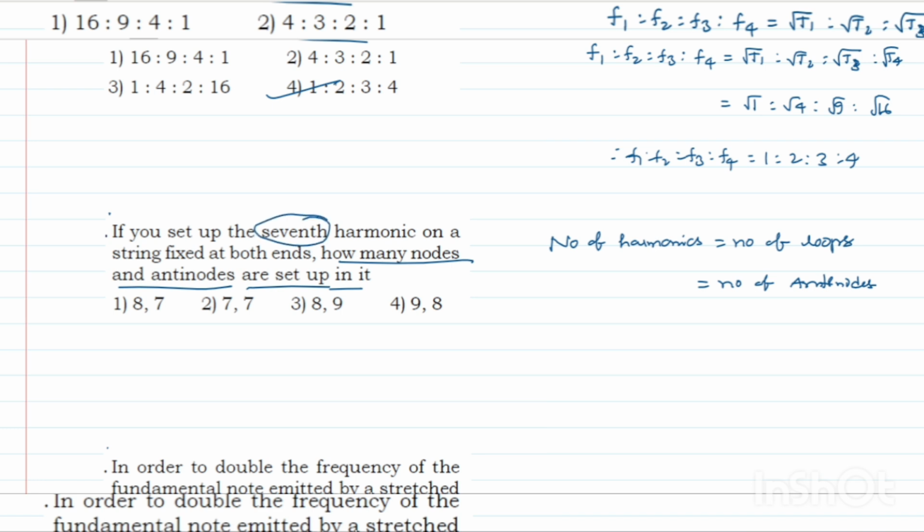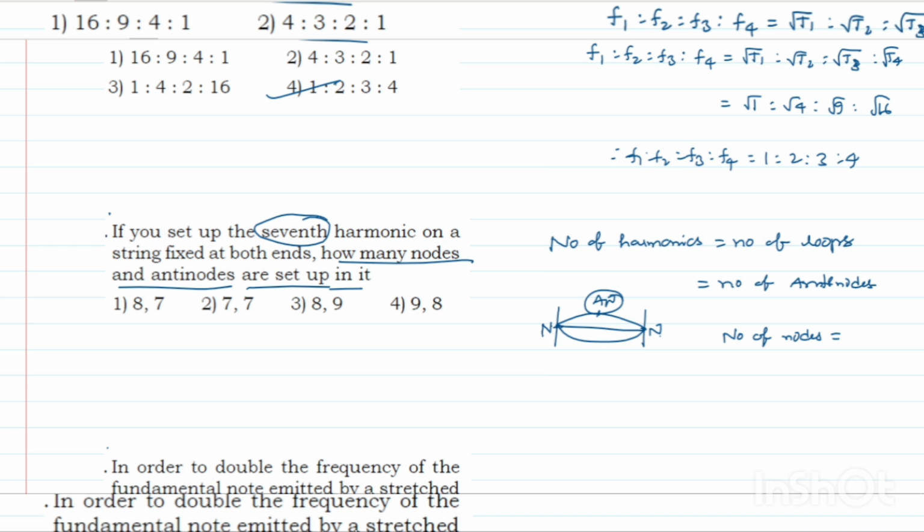So the antinodes will be 7, and for the nodes, let us take one example. Here this is a wire. If you are producing one segment here, there is a node point at each end, and one antinode. So one segment carries one antinode and 2 nodes. For 7 harmonics, the number of node points will be 7 plus 1.